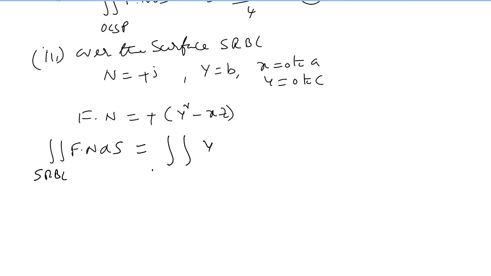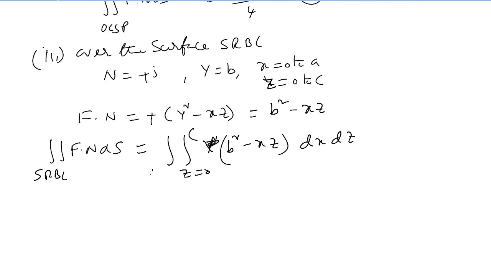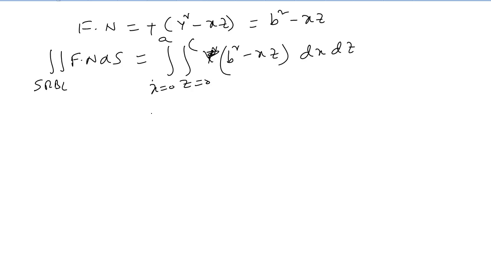Here y is b, so b square minus xz, dx dz. z is 0 to c, x is 0 to a. Now first integrate with respect to z. x is 0 to a, b square z minus xz square by 2, 0 to c.